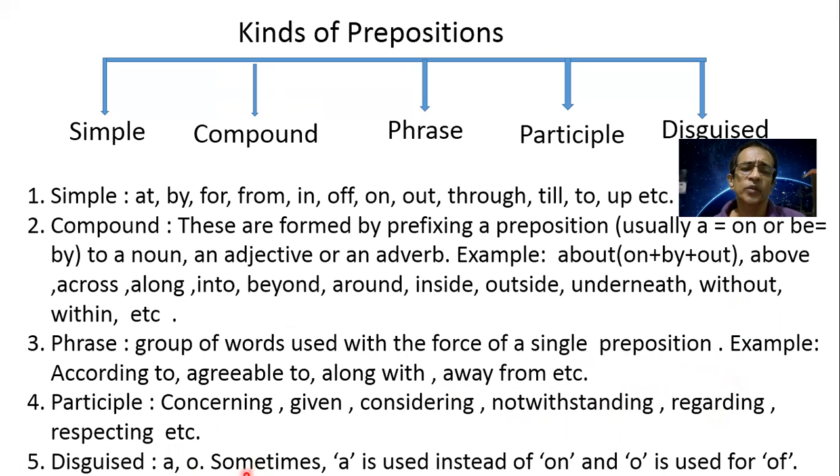These two prepositions are vowels. Sometimes a is used in place of on, and then o is used for off.